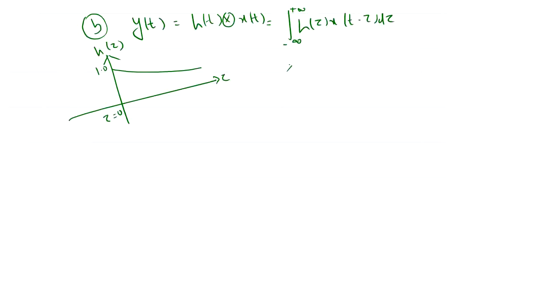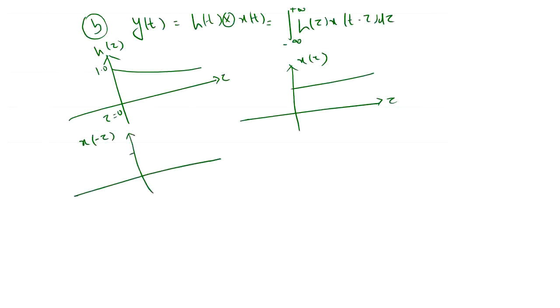And what is x(tau)? This graph is x(tau). Now what is x(minus tau)? Because we need to find x(t minus tau). Basically this is a time reversal of x(tau), so it is a time reverse.